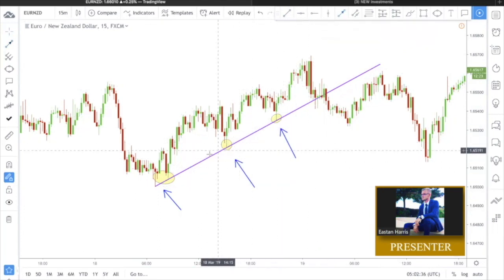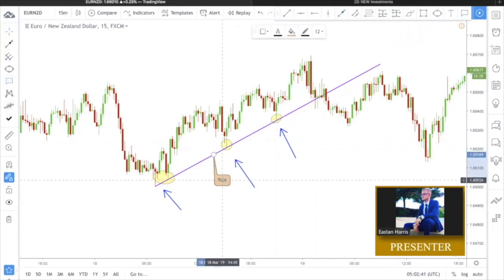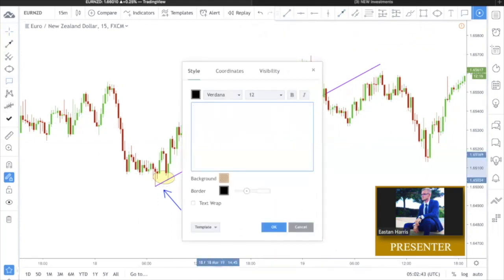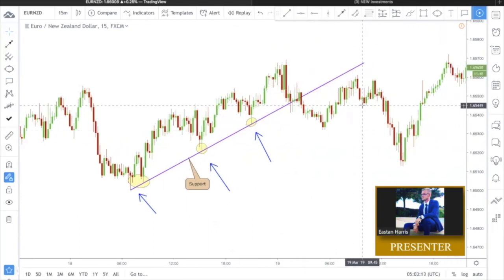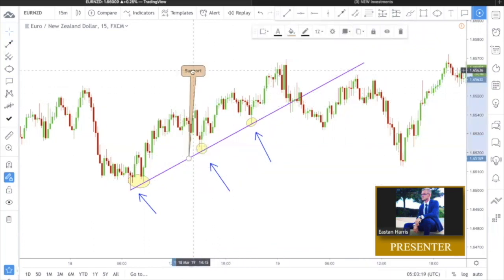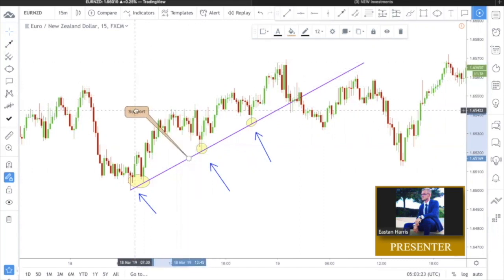Price is acting as support, bouncing through here. We'll label it for everyone. So right now, this trend line is acting as support. Okay, we got our interactions marked up here, and this trend line breaks, and you can see price doesn't get all the way back to the trend line. That's fine. That's not always going to happen. But if price is on this side of this trend line, it is acting as support.